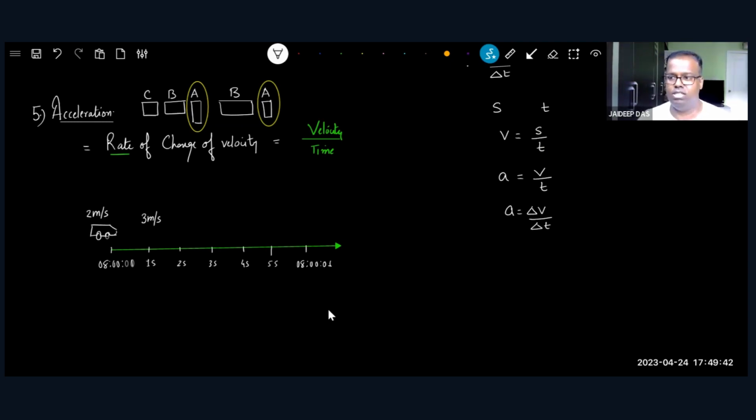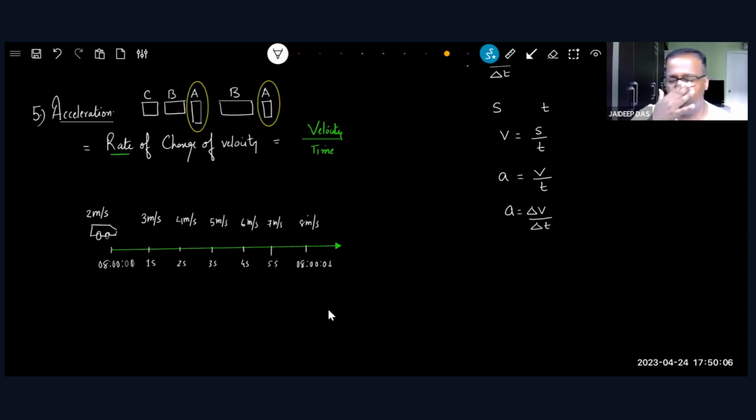Please understand, this is a little bit challenging concept. At the end of the next second, the vehicle has picked up 4 meters per second. At the end of the third second, it has gone to 5 meters per second, 6 meters per second, 7 meters per second, and at this point it is 8 meters per second.